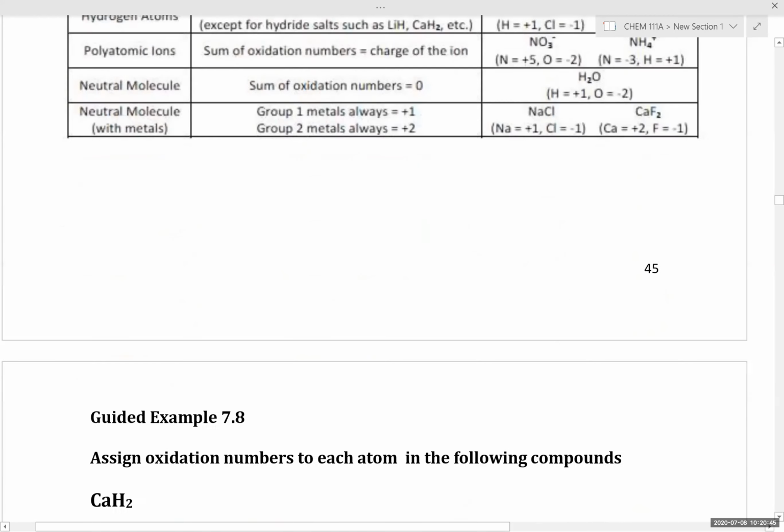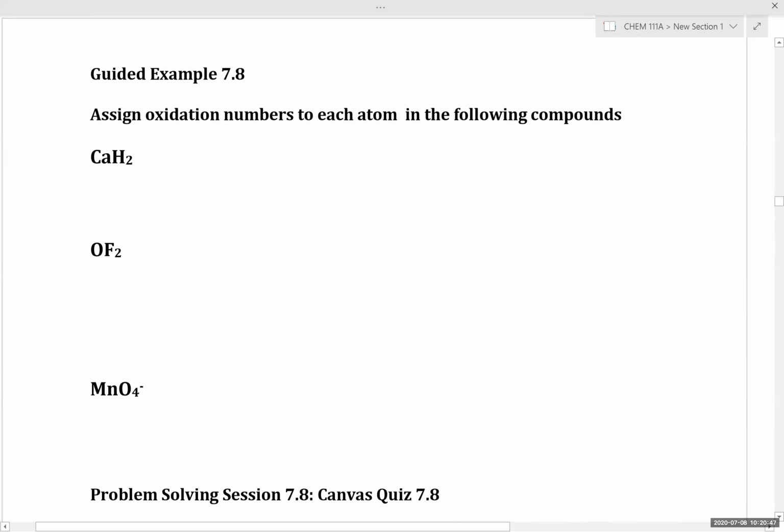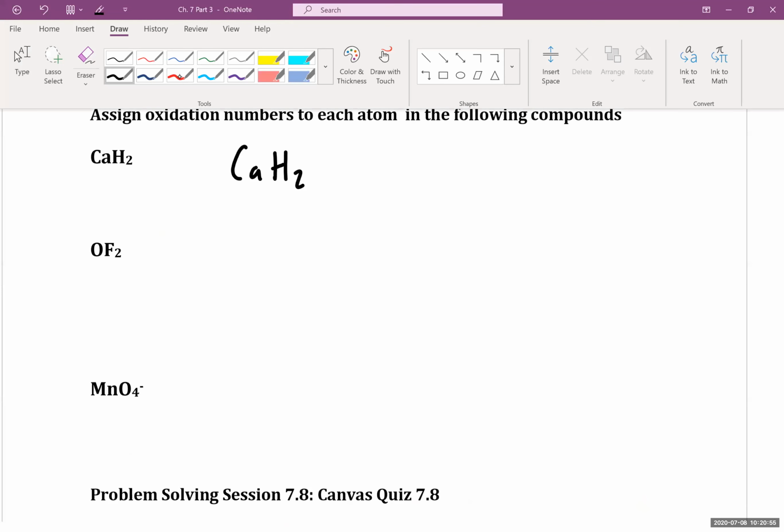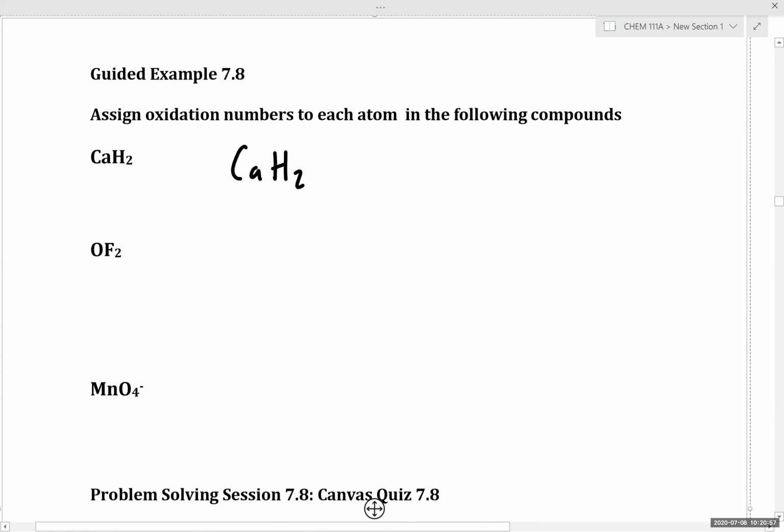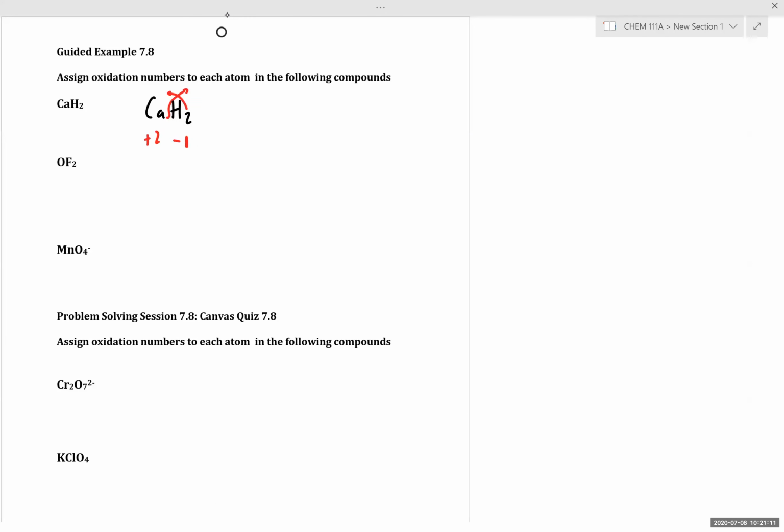So let's now try to apply what we've learned to assign the oxidation numbers to each atom in the following compounds. So calcium hydride. Hydrogen is more electronegative since it's bonded to a metal, so it'll prefer to adopt a -1 oxidation number. And calcium prefers to adopt a +2 oxidation number.